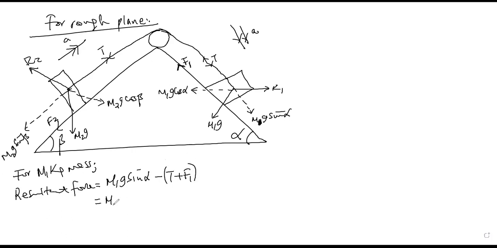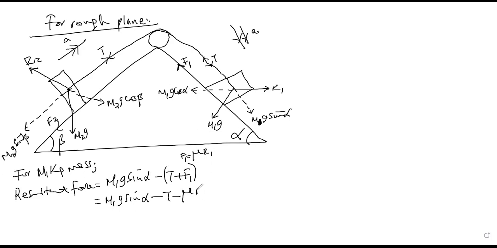This is m1g sine alpha minus T minus F1, where F1 is mu R1, because for your own information, F is mu R. So instead of R, we have mu R1 because this is F1. And R1 is m1g cos alpha.